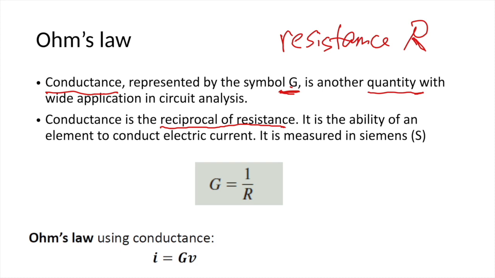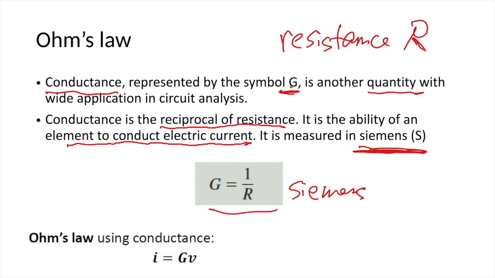It describes the ability of an element to conduct electric current, and the unit is Siemens. For the resistance, we use R, and the unit is ohms. So we can also describe Ohm's law using the conductance: I equals G times V.